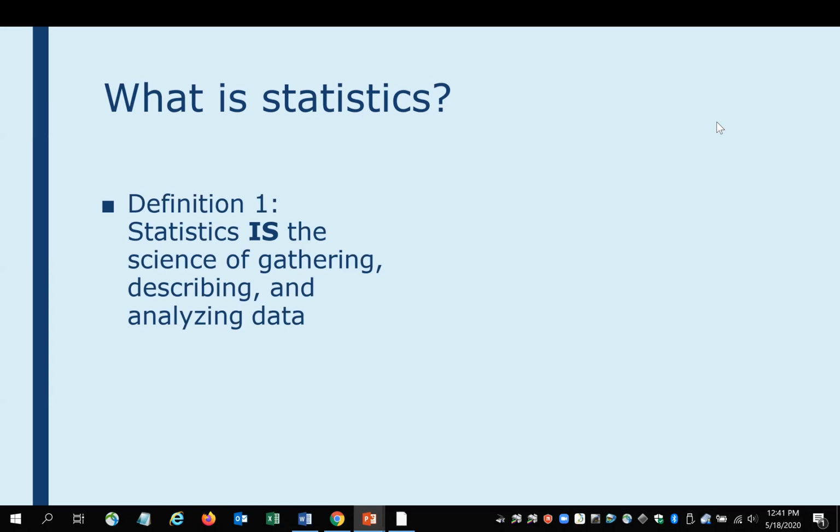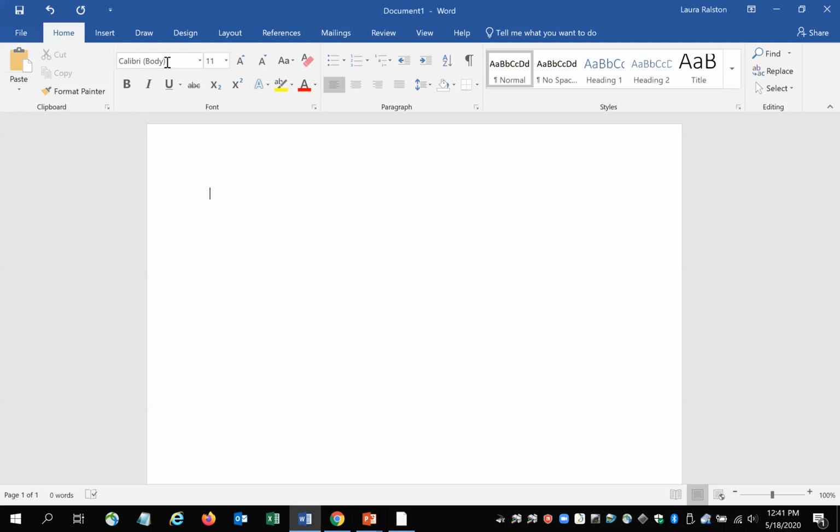So statistics is viewed as a collective group, and it is that science of gathering, describing, and analyzing data. I'm going to switch over to a Word document for a second and draw us a picture here.